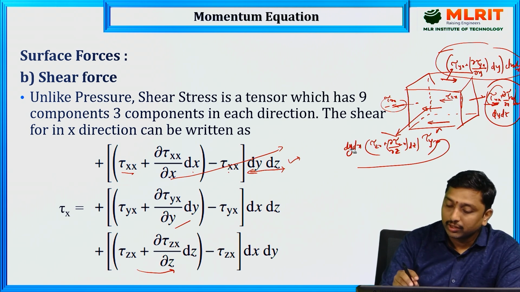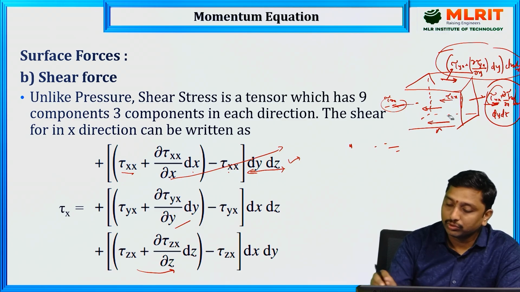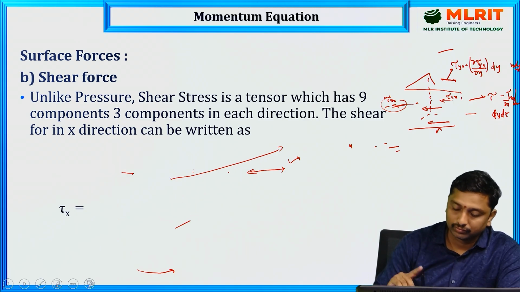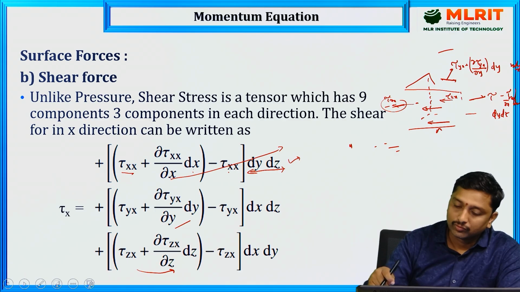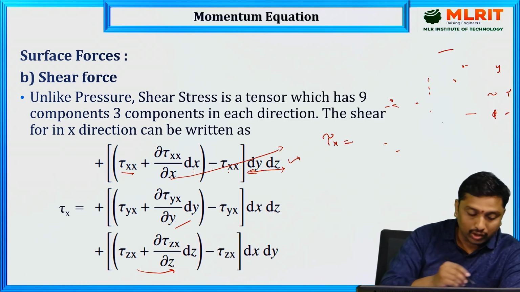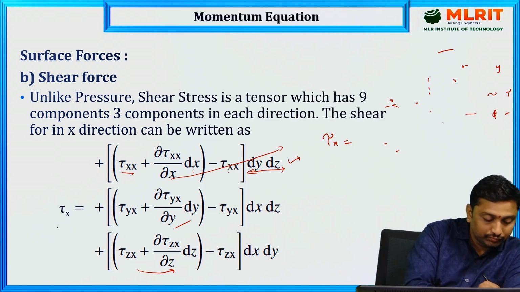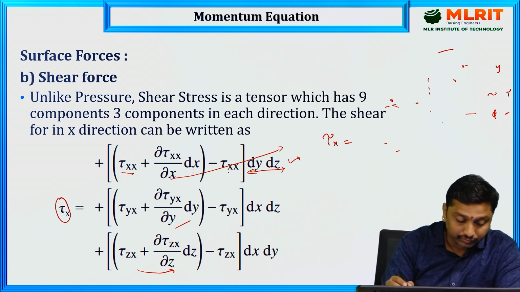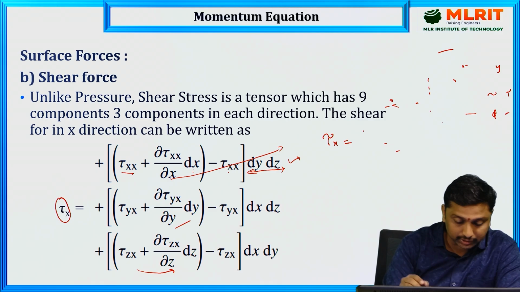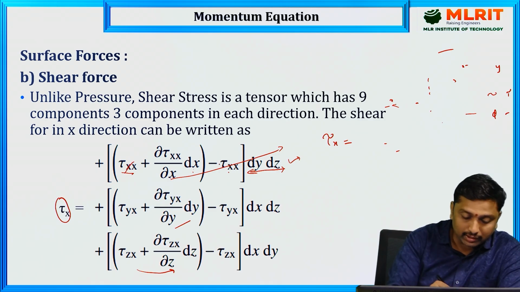So this equation can be reduced to tau x, where tau x represents the total shear force in x direction. So tau x equals, we can cancel these two terms, these two terms, these two terms.